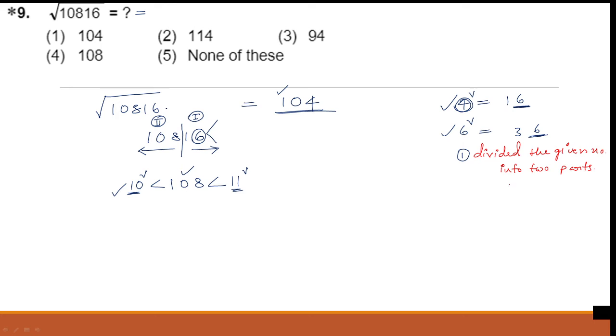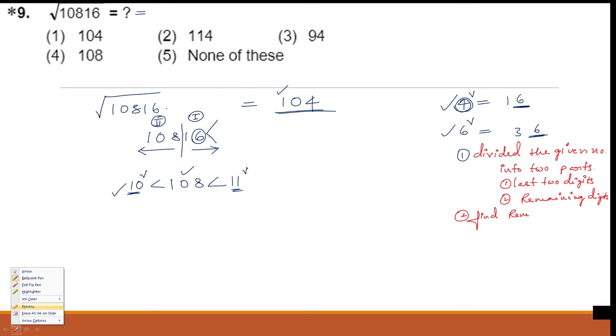The first part is the last two digits, and the second part is the remaining digits. And the second step, find the second part.